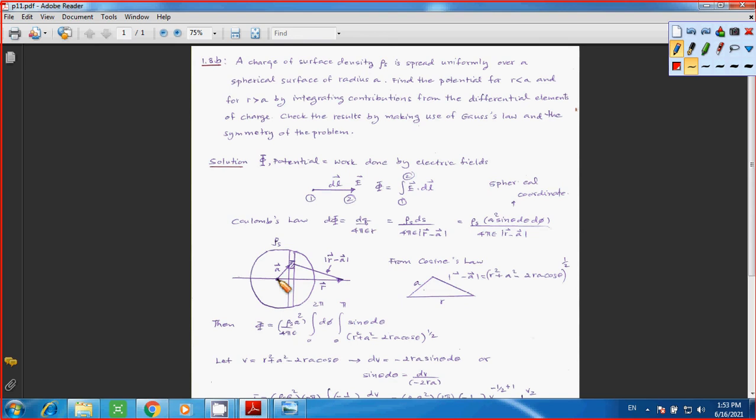And that becomes a squared sine theta d theta d phi, where a is going to be from the center point of the sphere to the surface element, and that's actually the radius of the sphere, so don't get confused.